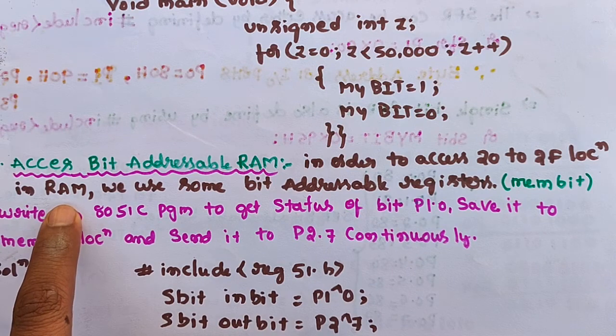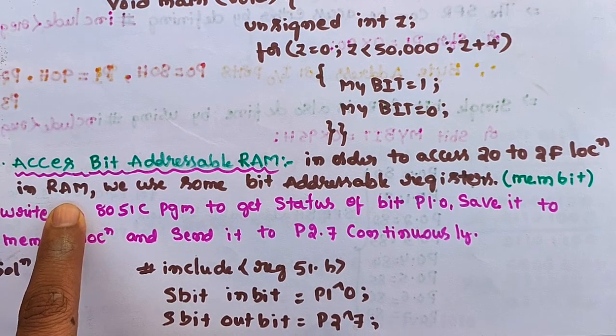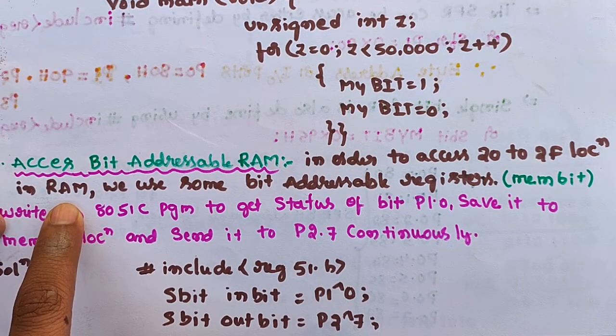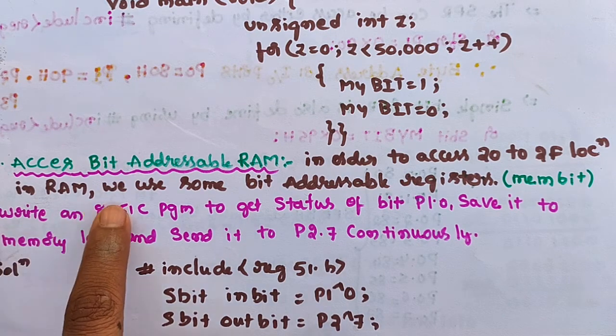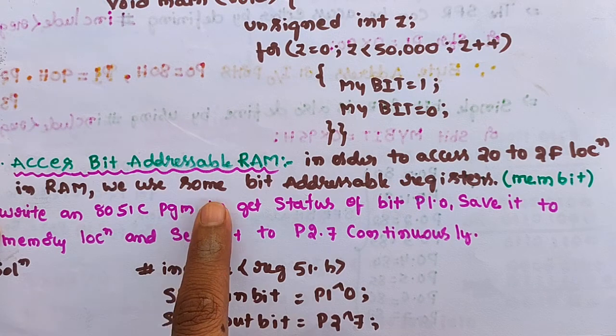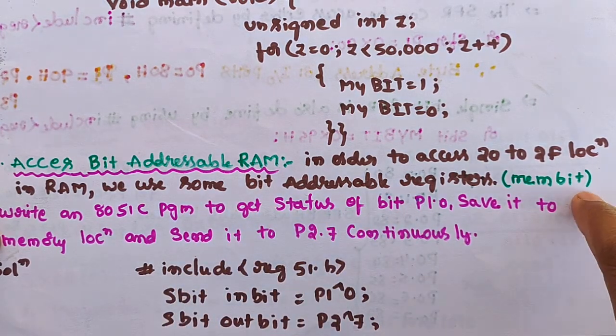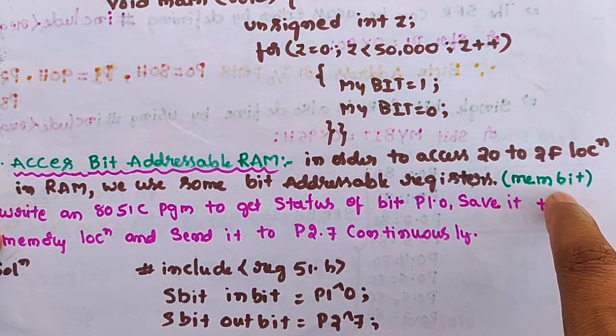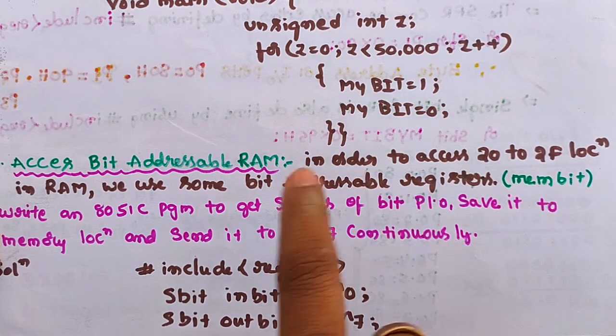So those locations can be addressed in an 8051 C program. In order to access them, we use a bit addressable register, that is mem bit. We mention it as a mem bit.